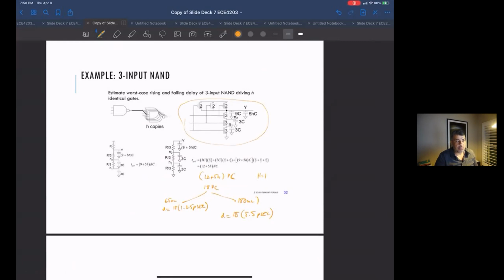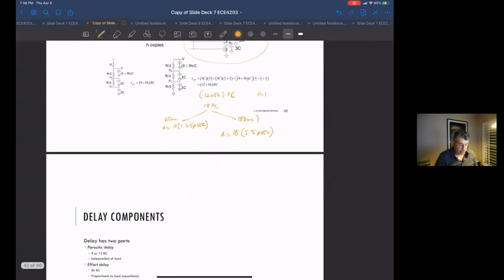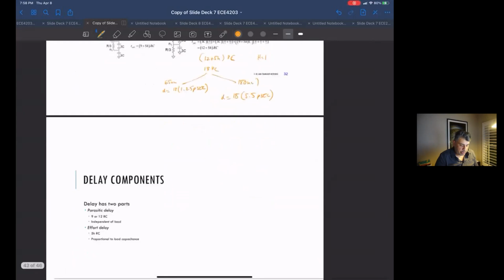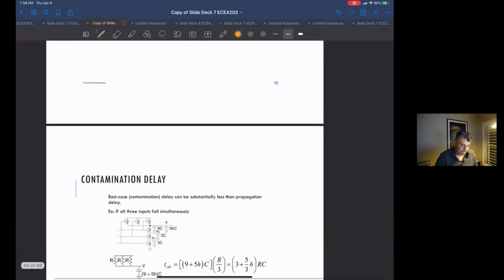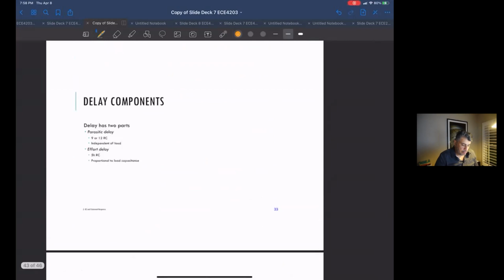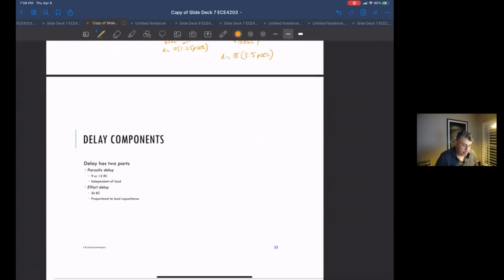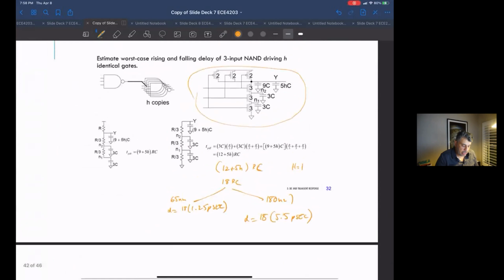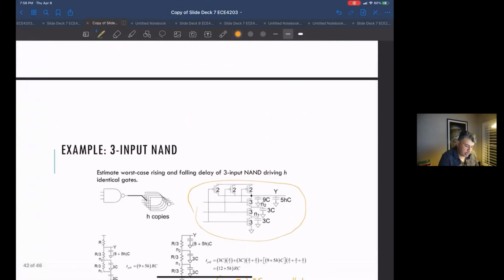And then you can plug in these RC values for different processes to figure out what the delay would actually be. Now, we talked about the fall time delay always having to be the same because there's only one way to get a falling output, right?